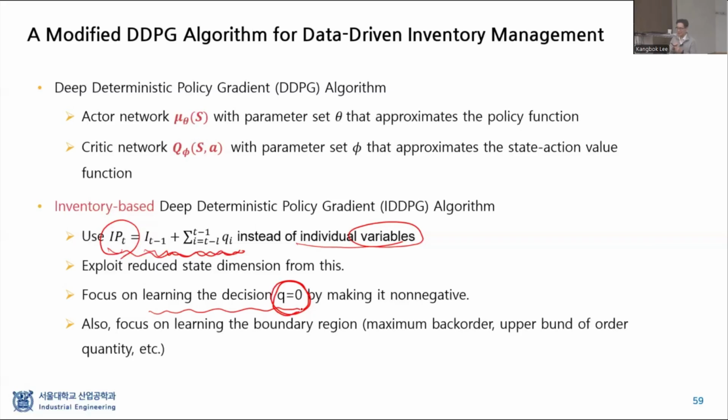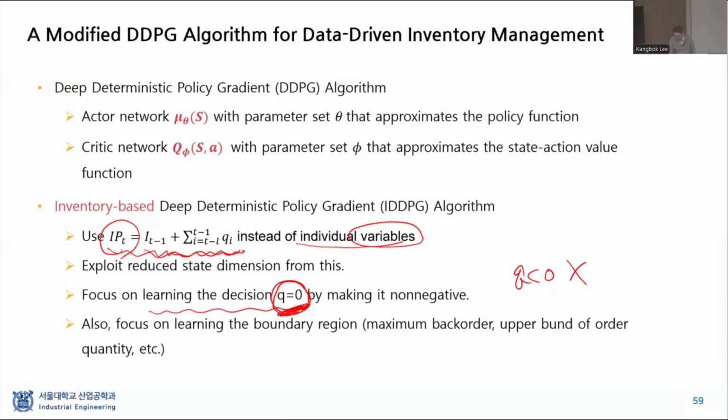In that case, what is my optimal order quantity? 0. So if we implement this base stock policy, we have a lot of zero ordering cases whenever our position is higher than the optimal one. So we have to be very careful about Q equals 0 instead of Q equals negative. We don't have to consider negative at all, but we need to be careful because most likely we will see a lot of Q equals 0 cases.